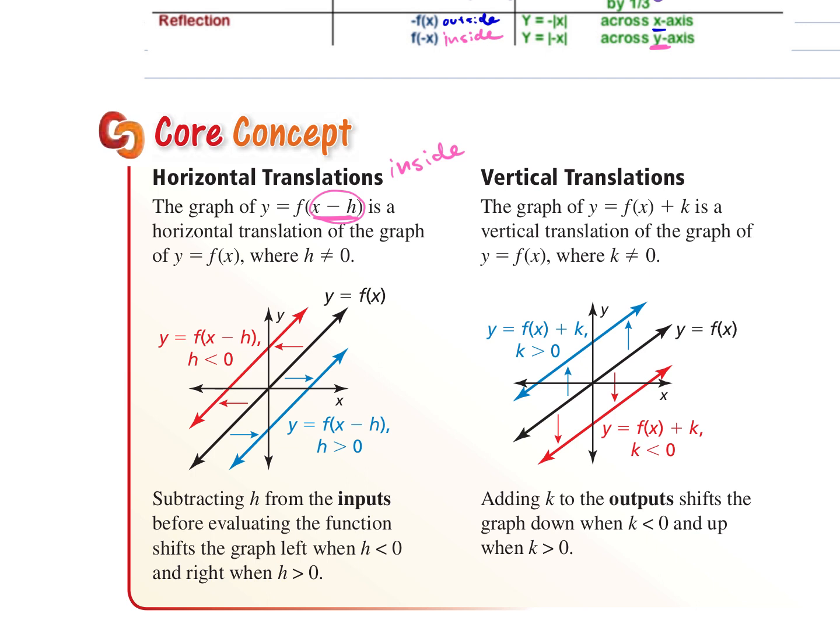If we have a vertical translation, so up or down, that would be outside. So we add that. If we have parentheses, we add it or subtract it outside. So remember, adding is up, subtracting is down. And then for horizontal translations, adding is left, subtracting is right.